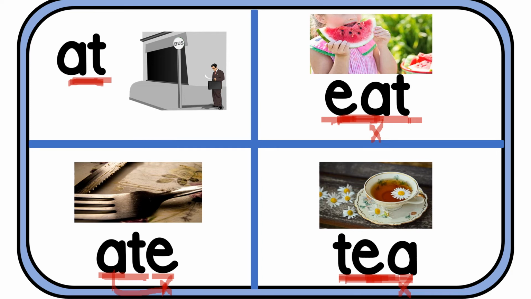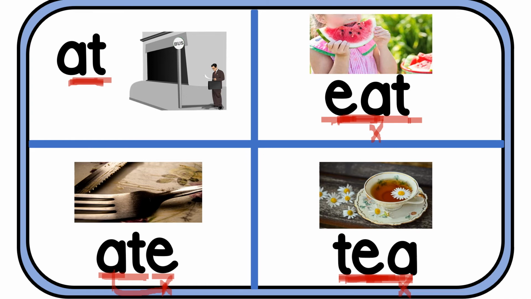Let's look at the word tea. A lot of times this word is substituted with eat or ate. When we look at the word, we're going to see t, then e, t, e, t. What we can use to remember this word is to know that the first sound that we hear is t. So when you look at the word, make the beginning sound t.